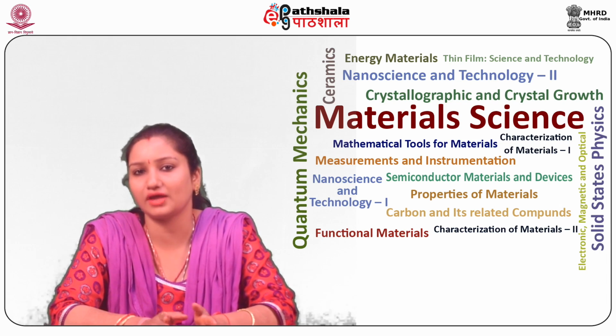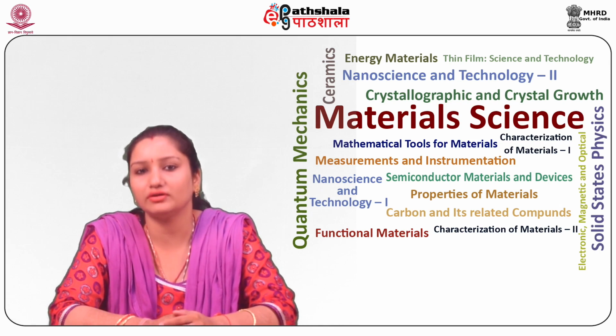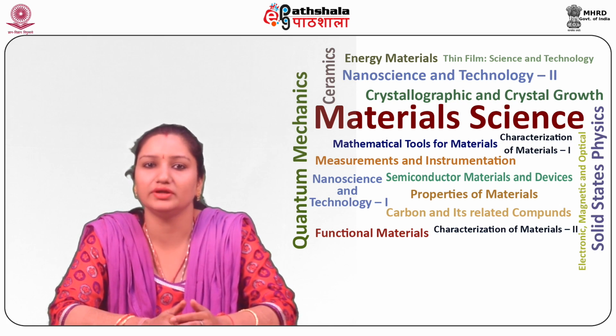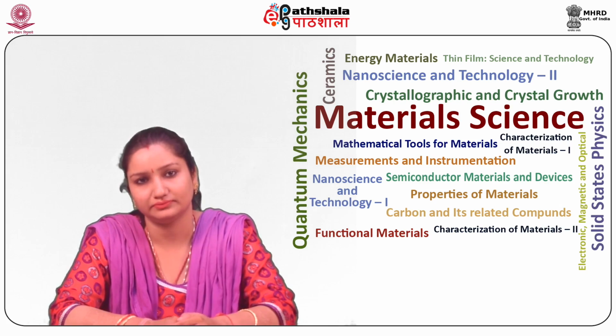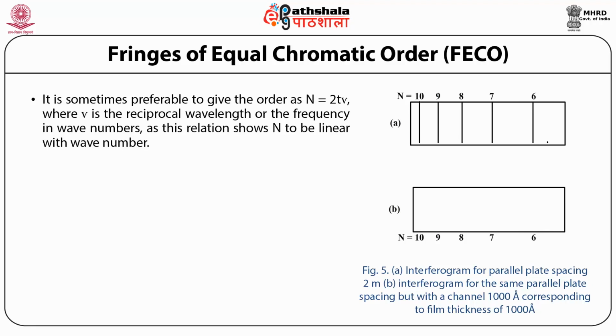The resulting interferograms are shown schematically in figure 5, where the scale is assumed to be linear in wavelength. With a linear wavelength scale, the fringes are not equidistant on the interferogram. The order of the fringe increases with decreasing wavelength. It is sometimes preferable to give the order as n equals 2 T V, where V is a reciprocal wavelength or the frequency in wave numbers, as this relation shows n to be linear with wave number.